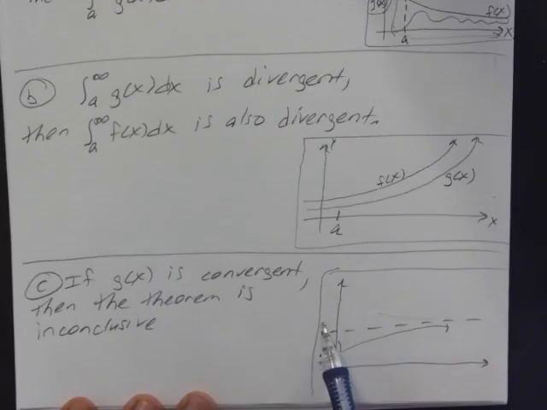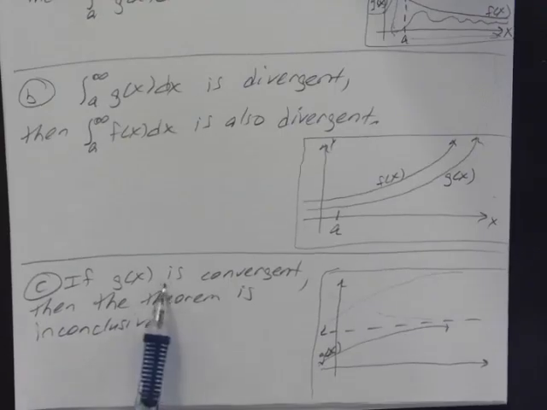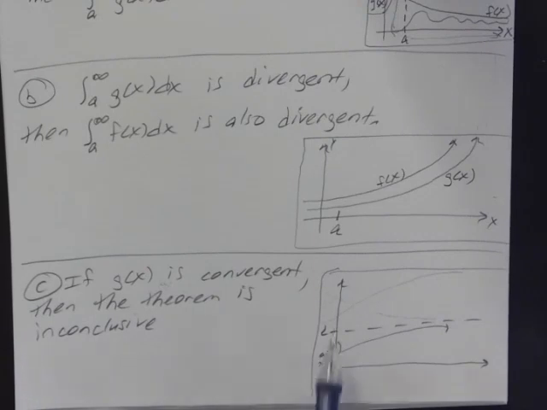That f of x could converge to infinity. We have absolutely no idea. Even though it meets all the stipulations, doesn't matter if g of x is convergent. We still have no clue which one it is. Okay. So as long as g of x is not convergent, you can figure it out. At least that's if we figure it's convergent on its own.